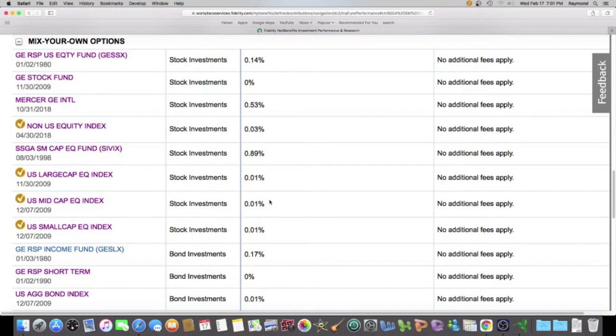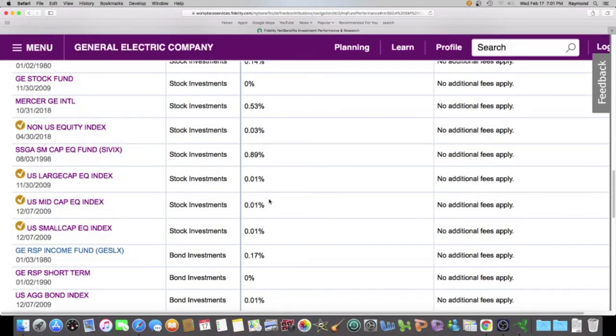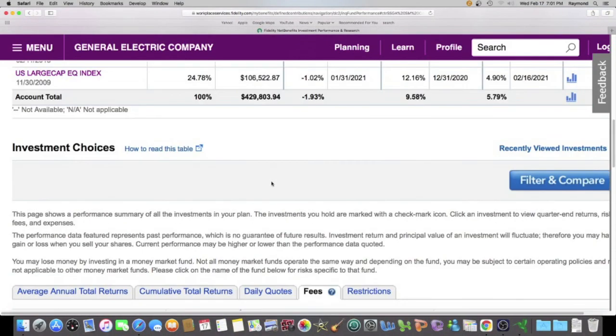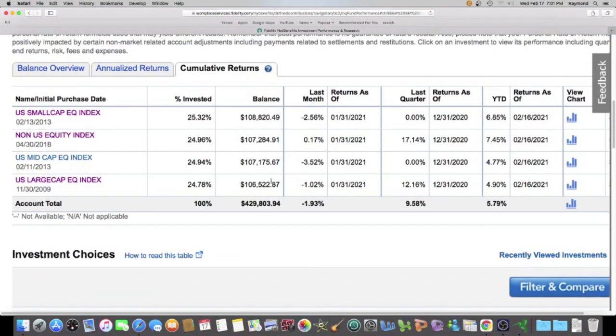I'm in low fee funds. As you can see, I'd rather pay $100 instead of $890. $890 is a no-no. Don't do it. And as you can see, I have over $100,000 in each of these funds.